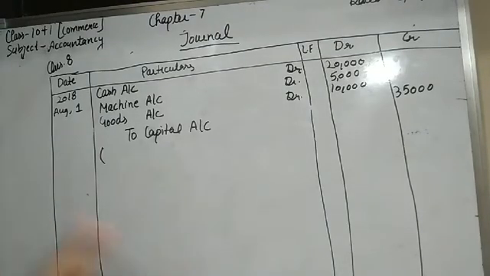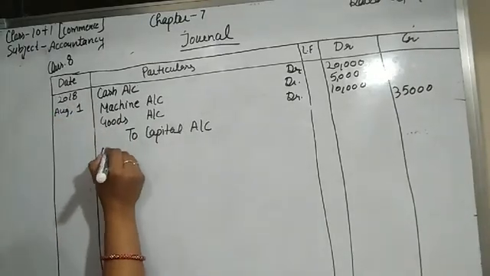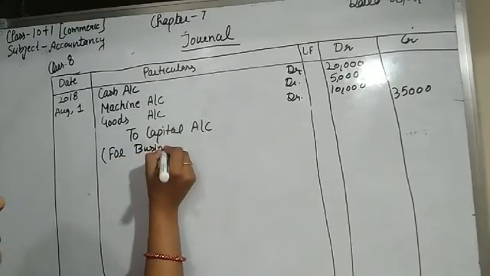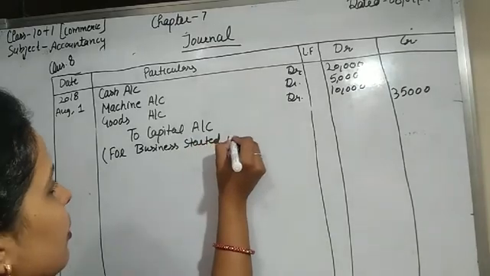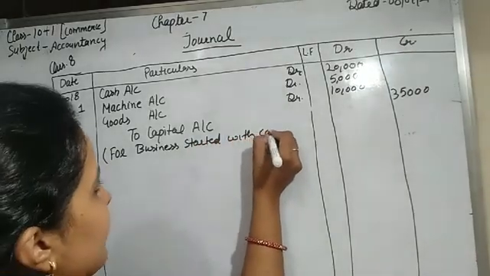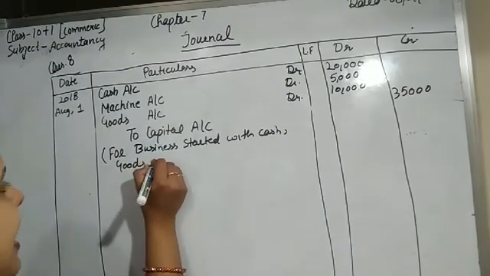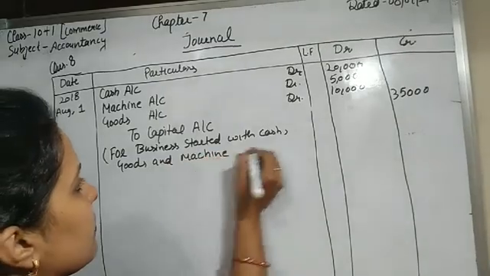All these transactions are related to similar nature, one particular account and held on same date. So the narration is for business started with cash, goods and machine.